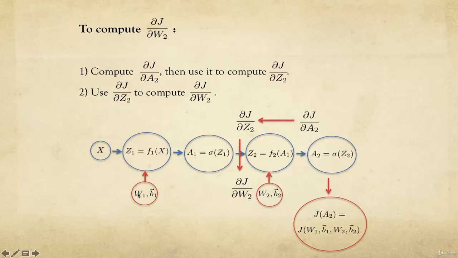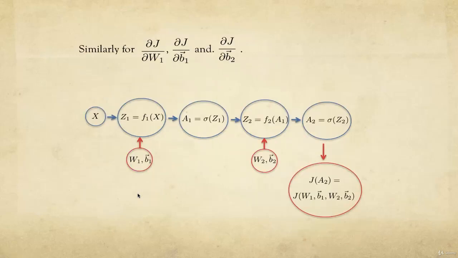So let's do another one. Let's find the derivative of J with respect to, say, W1. Again, the further back it is, the more steps we need to do to backpropagate. So first we have to find dJ/da2, and then we use that to find dJ/dz2.